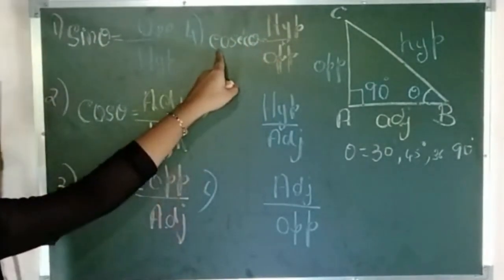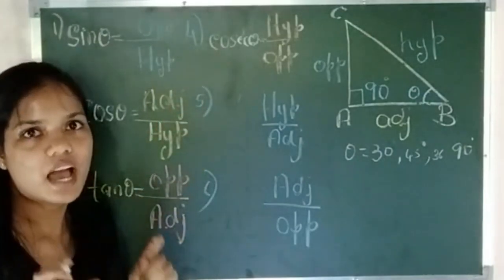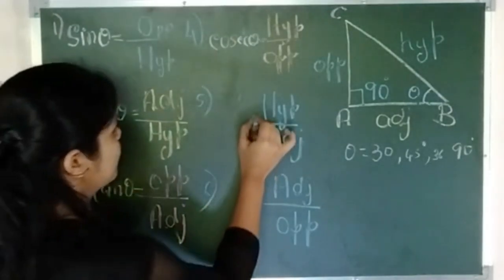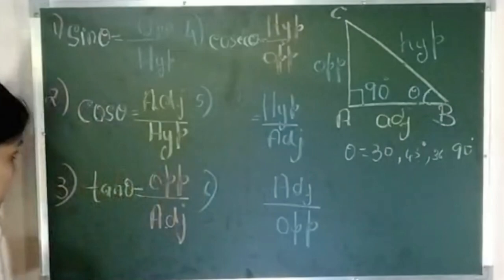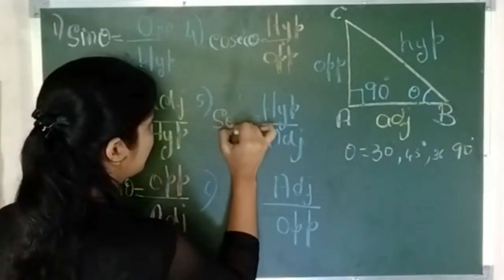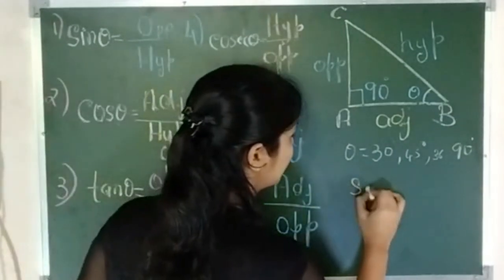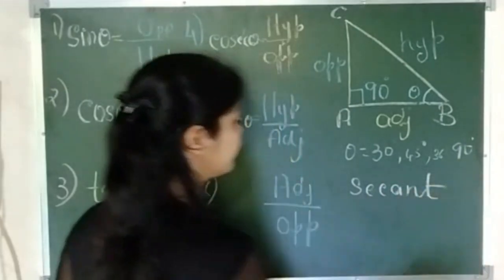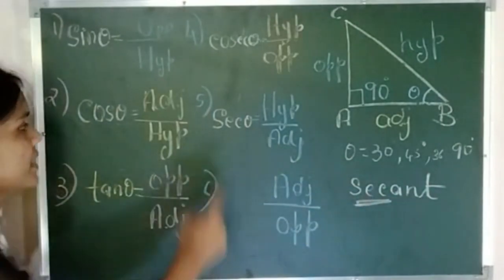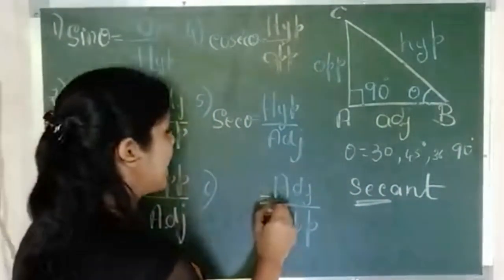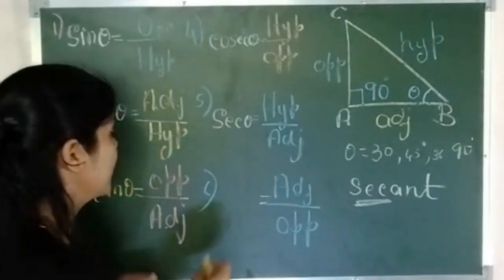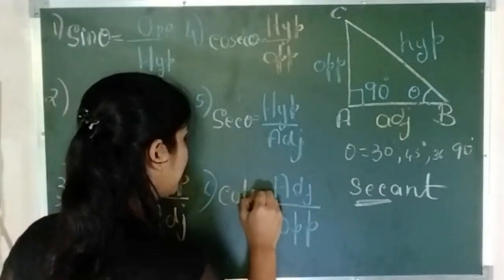The full form is cosecant, but we are only considering the abbreviation, cosec. The next one is the reciprocal of cos, called secant, but we only use the first 3 letters, sec theta. And this is the reciprocal of tan theta, that is cot theta.